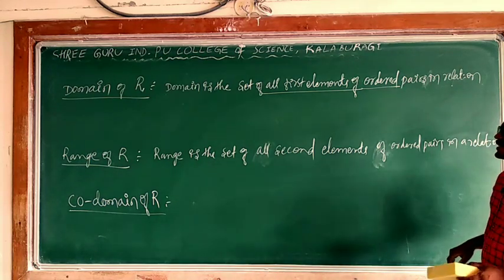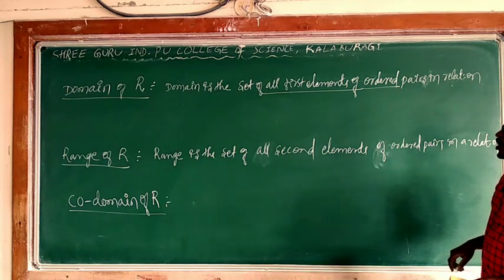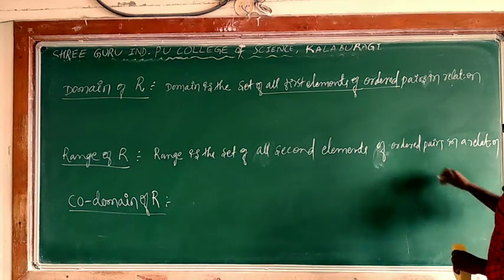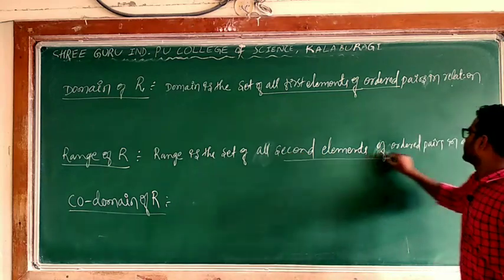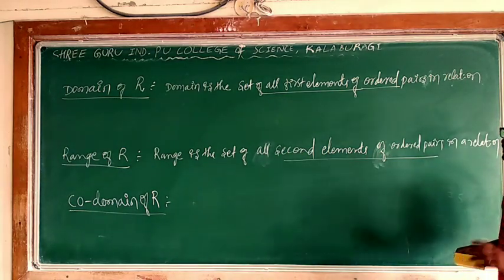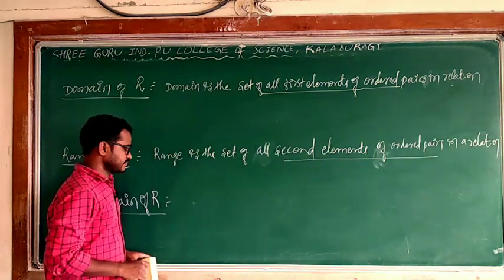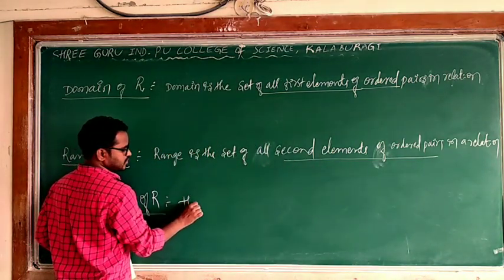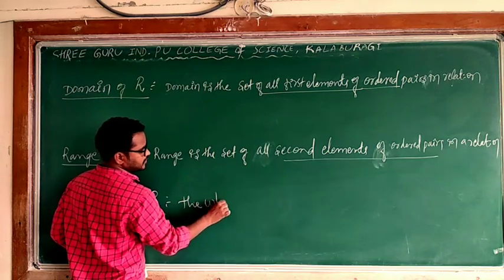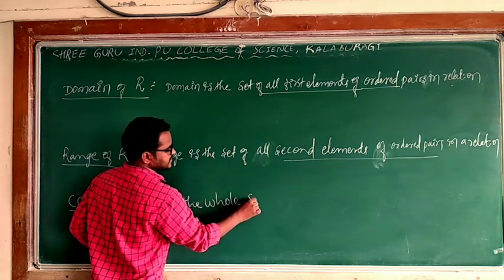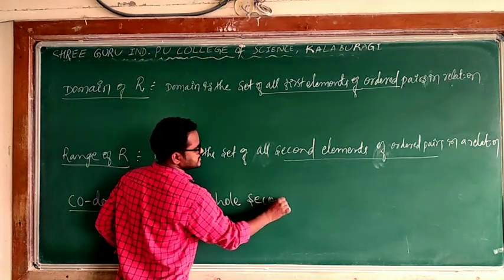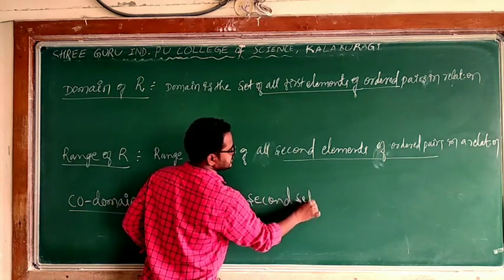Whenever we say range, it is the set of all second elements of the ordered pairs in a relation. Codomain is the whole second set.